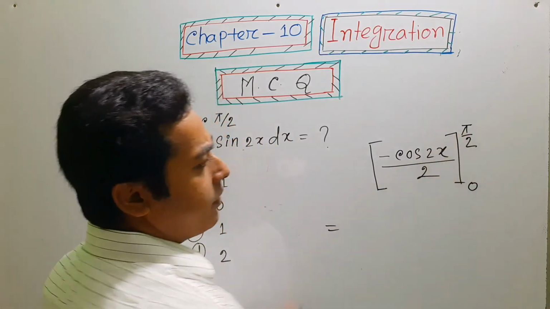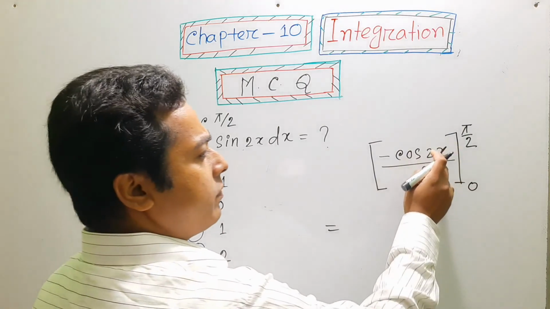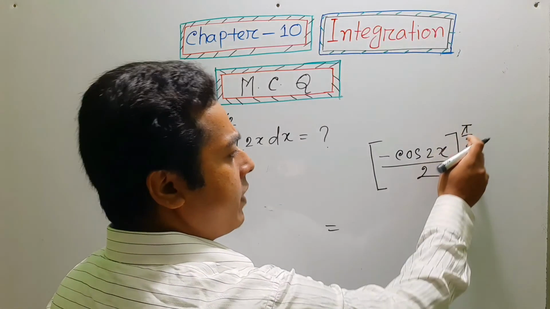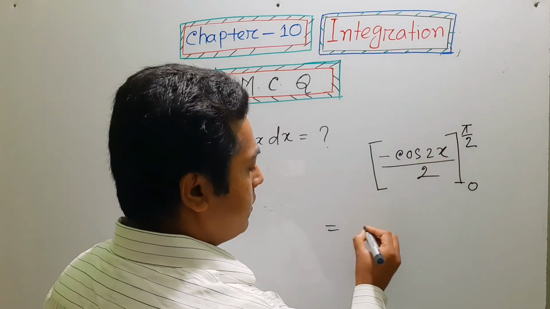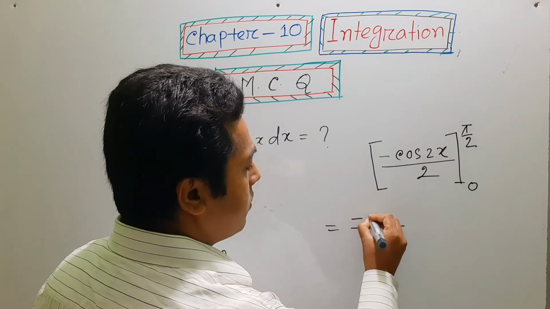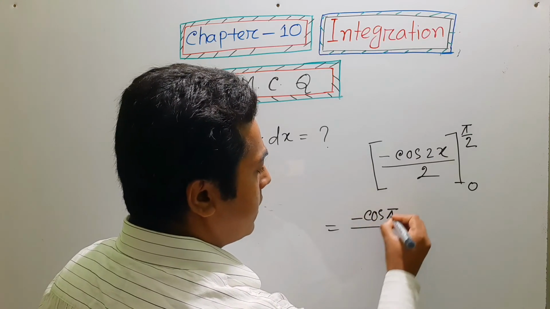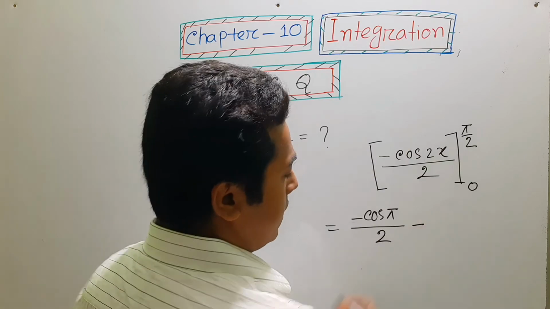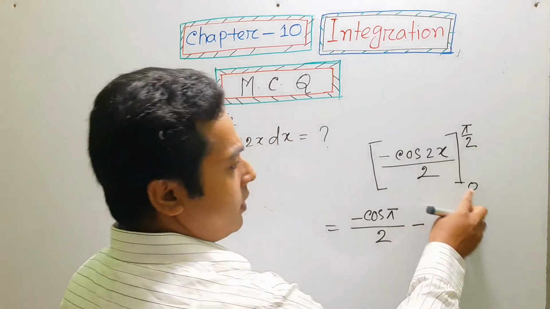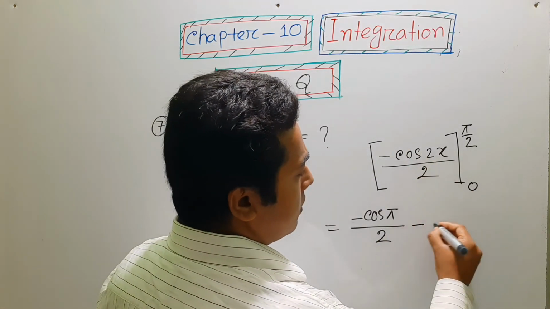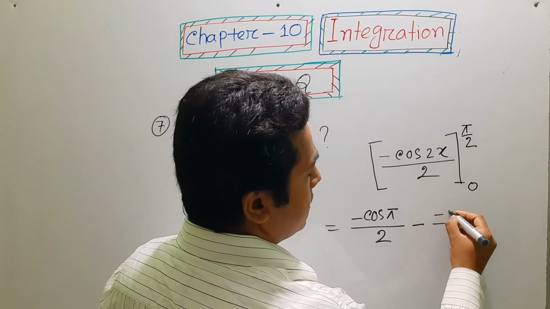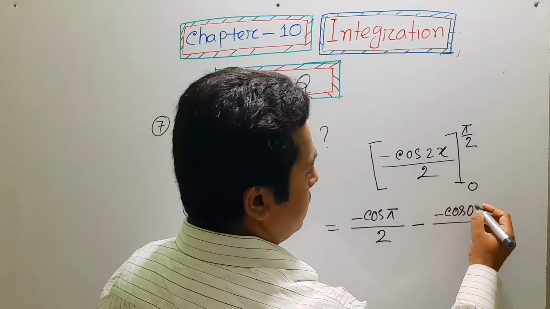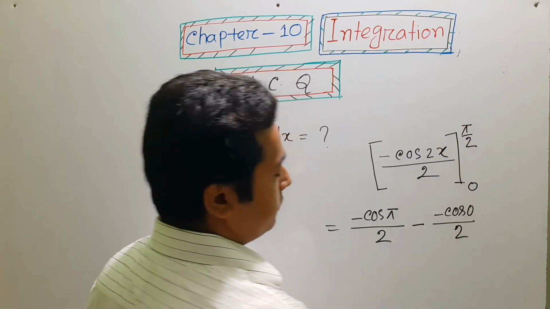So at first the upper limit, so if x is replaced by pi by 2, then it will be pi minus cos pi divided by 2 minus, if 0, then minus cos 0 divided by 2.